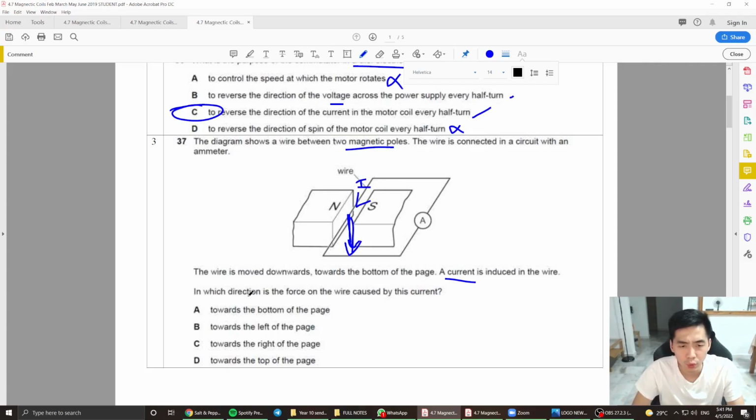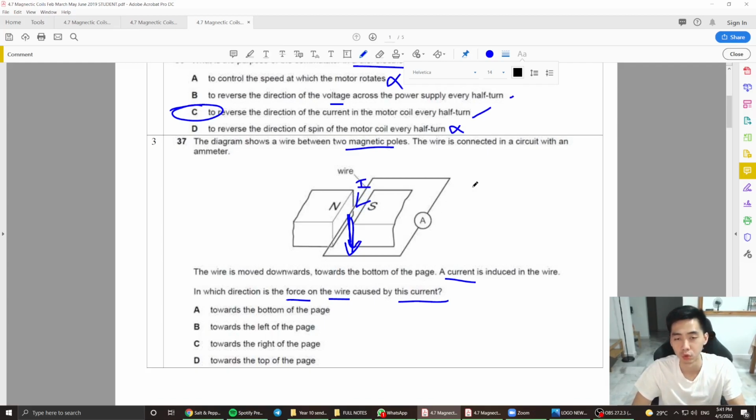In which direction is the force on the wire caused by the current here? Now, if I want to find the force on the wire based on the current, because the current is coming downwards, right? And from here, if you use your right hand grip rule, you'll see that the magnetic field produced due to this current is going to be in an anti-clockwise direction, right?